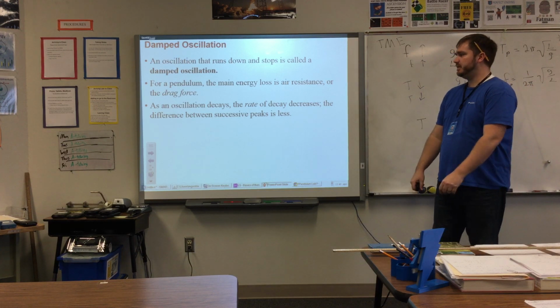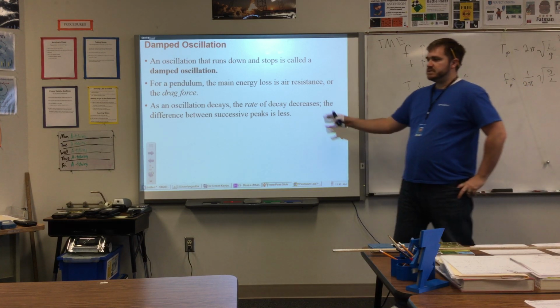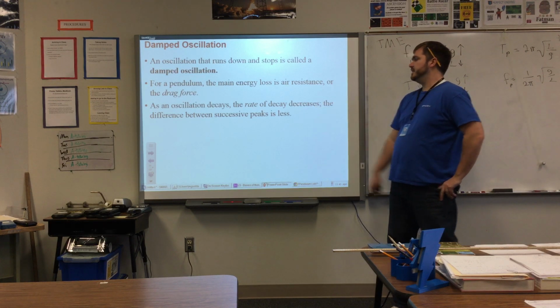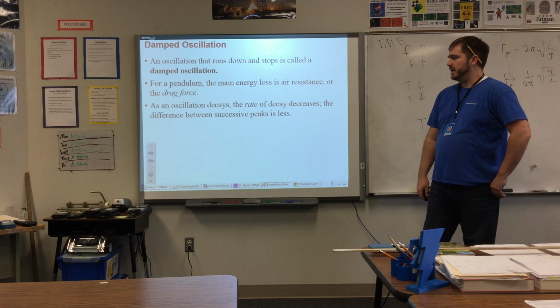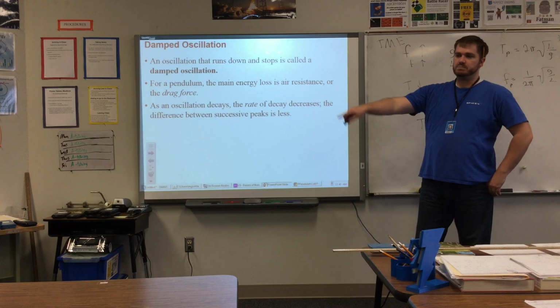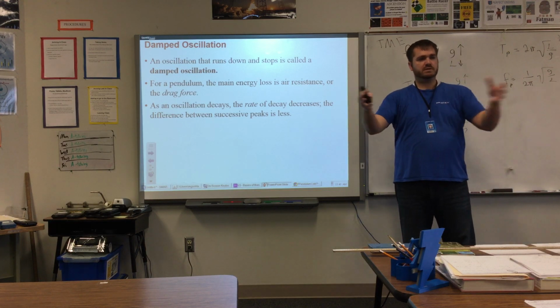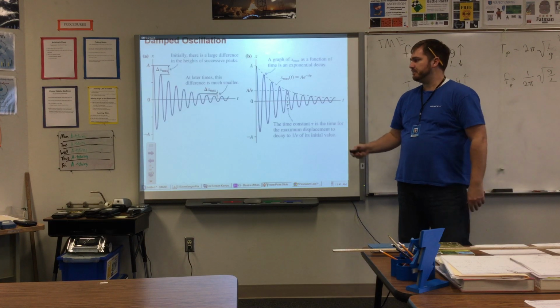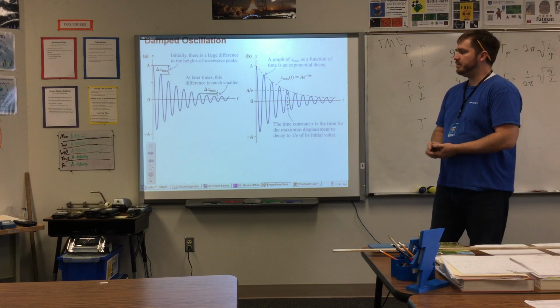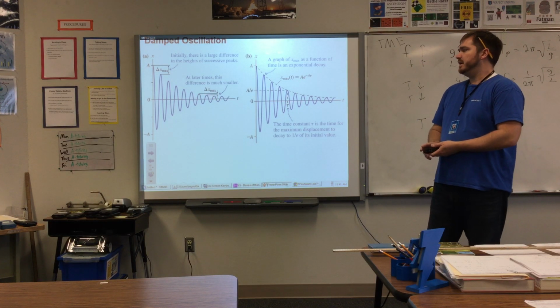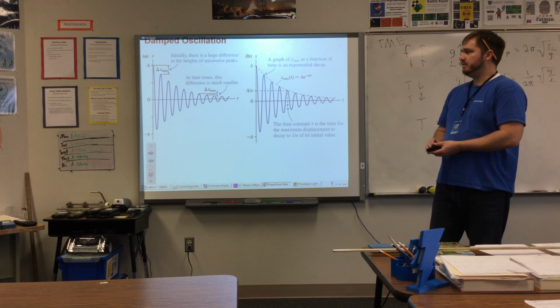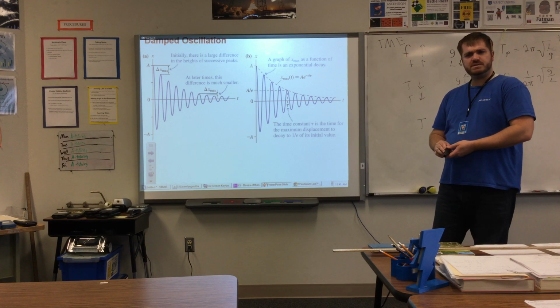There's thermal energy there. So as an oscillation decays, the difference between each one of those peaks is less. Or with the spring, you saw it would go less and less each time. So you end up with this thing called a damped cosine wave, or a damped sine wave. Have we talked about this in pre-cal yet?